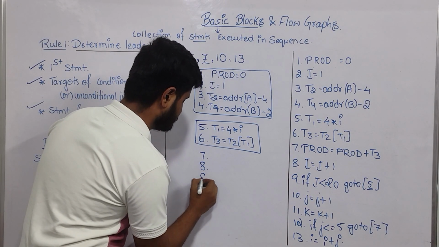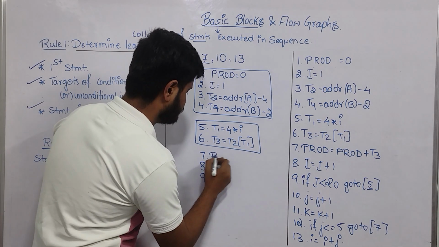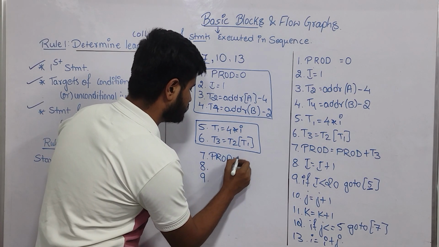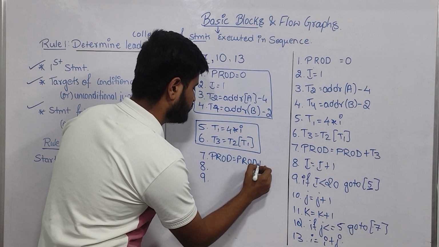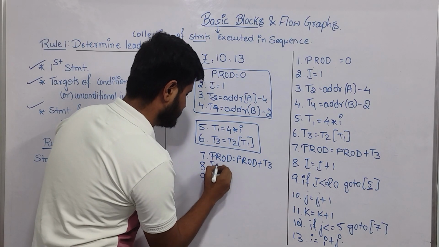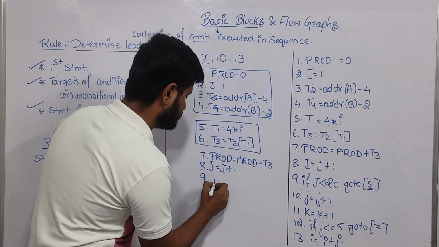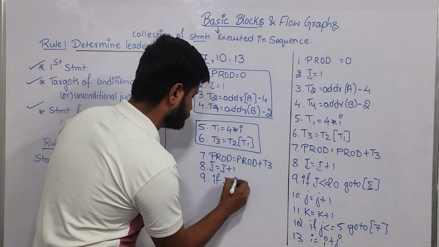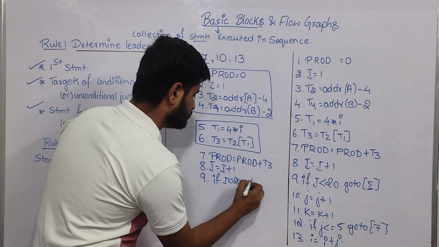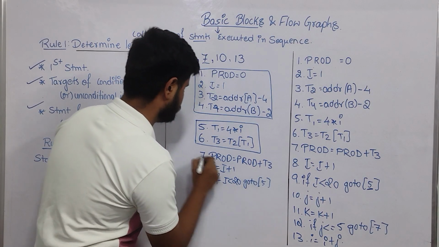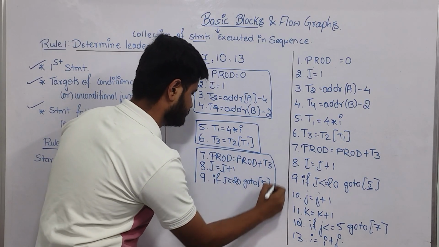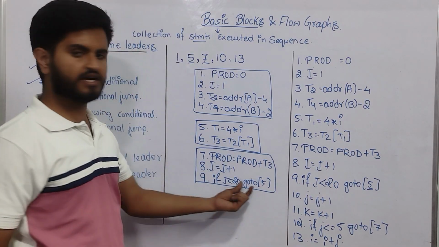The 7th is prod is equal to PROD plus T3, next I is equal to I plus 1, if I less than 20, go to 5. So 5 is the target. This is the new block.